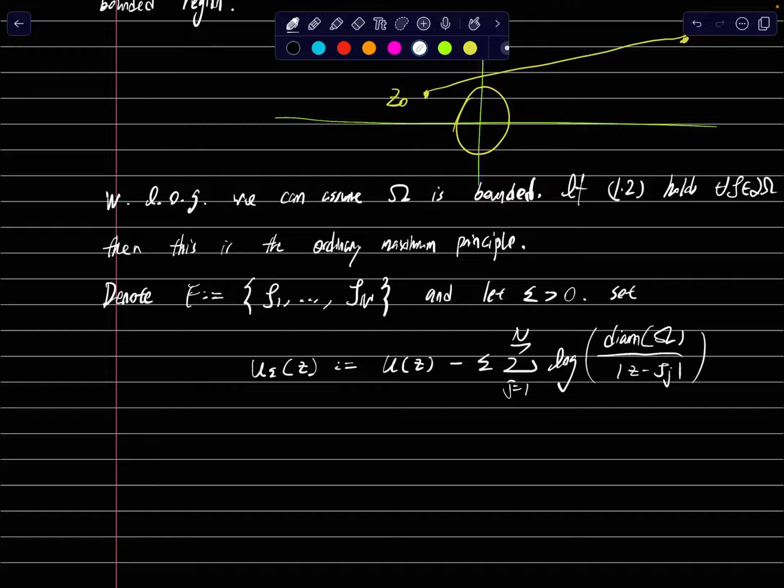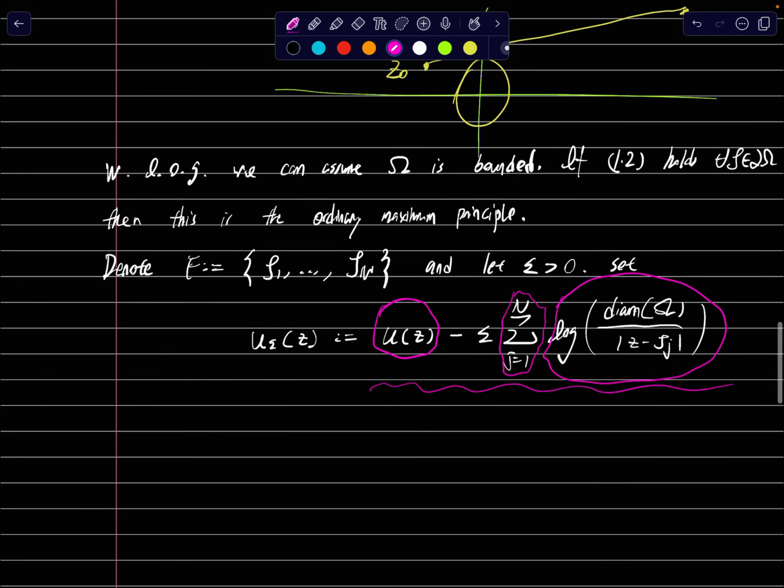Okay, so observe that u of z is harmonic, and inside omega this is harmonic, and a finite linear combination of harmonic functions is harmonic. So u epsilon of z is nothing but an n plus 1 term linear combination. So it is harmonic. Then u epsilon is harmonic on omega.